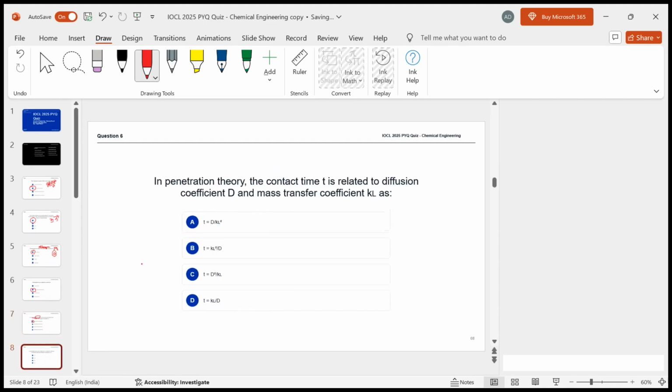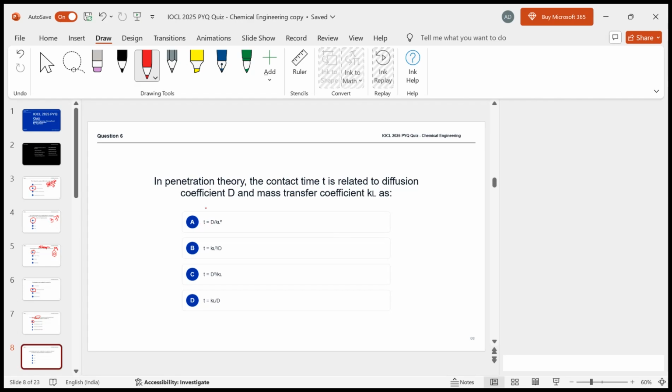In penetration theory, the contact time is related to the diffusion coefficient and the mass transfer coefficient. The mass transfer coefficient tells you how fast the transfer takes place, and the diffusion coefficient tells you how fast the particles are spreading inside the film.